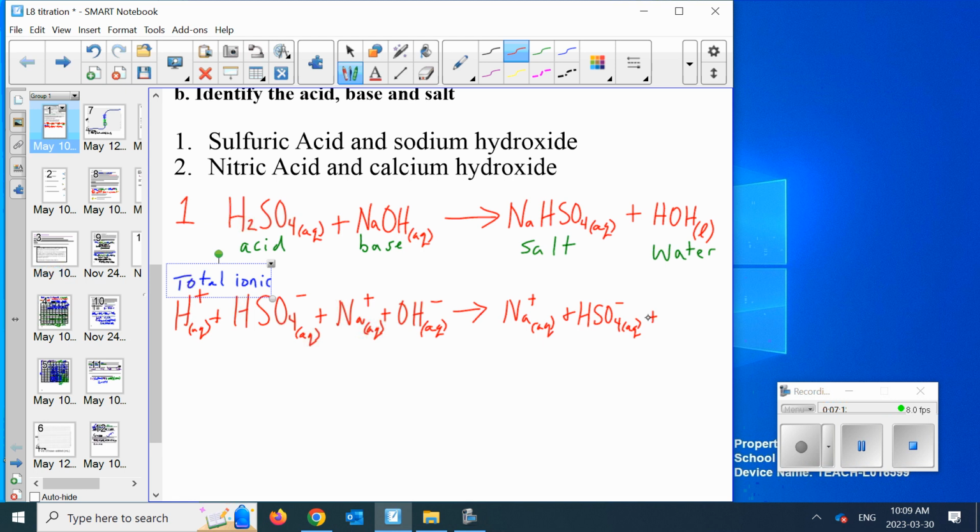But the water is a molecule. It's not floating around. It doesn't separate. It is just still water. If you want to write it as H2O, go ahead. I'm going to keep it as HOH. Same thing. Okay? So there's my total ionic equation.